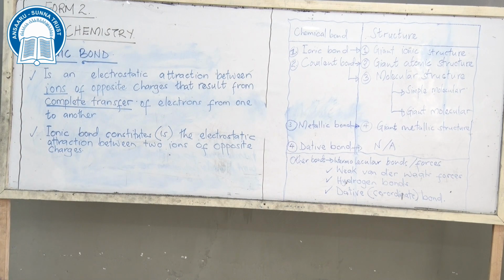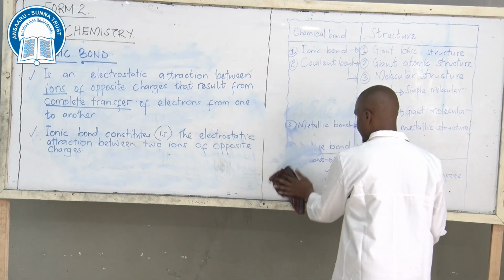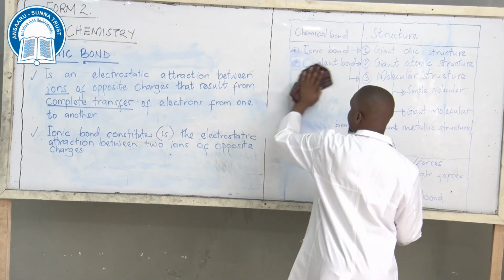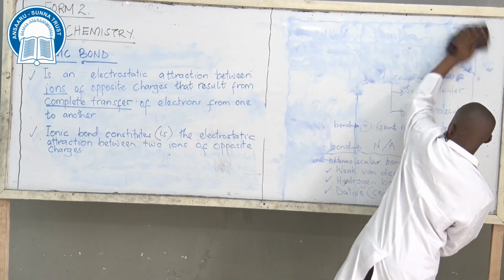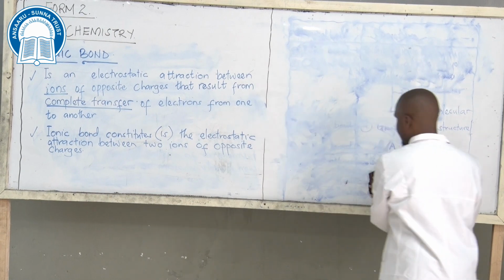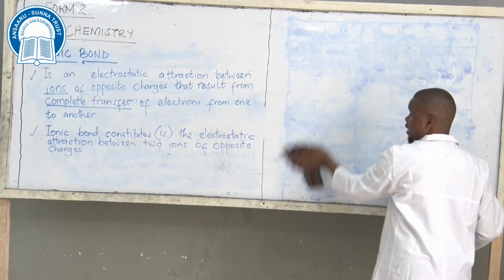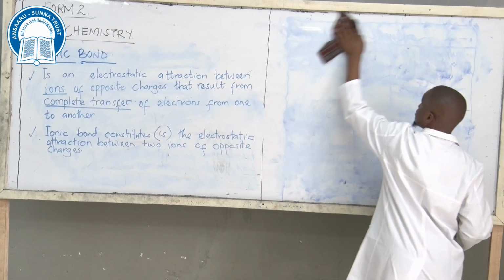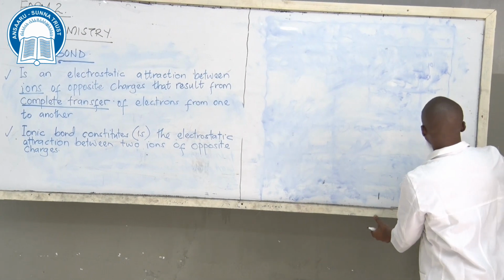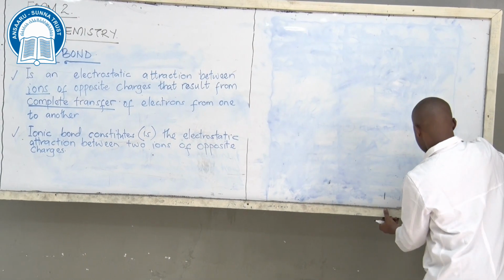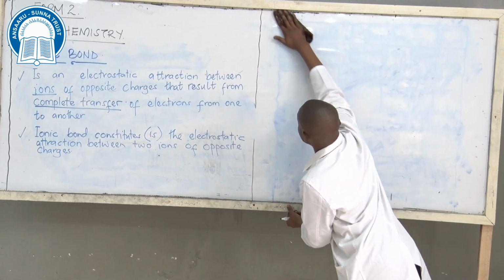Wonderful. All of us know how ions are formed, and in most cases we say ions are formed through loss of electrons and gain of electrons. So in this kind of bond, the ions are of different charges.